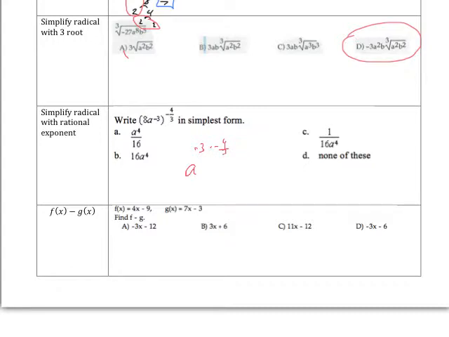Ask a calculator if you need to, but what you should get out of that is the number 4. So really we should just have an A to the 4th power. And as you look at these answers, sure enough, we have A to the 4th powers everywhere. Now this one shows it on the top. This one shows no fraction at all. This one's got it in the denominator. And of course D is what it is.